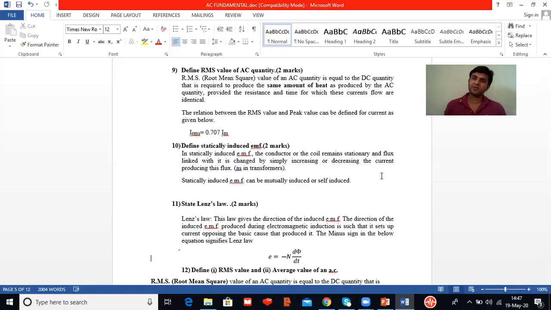The same amount of heat is produced by an AC current flowing through the same circuit for the same interval of time.